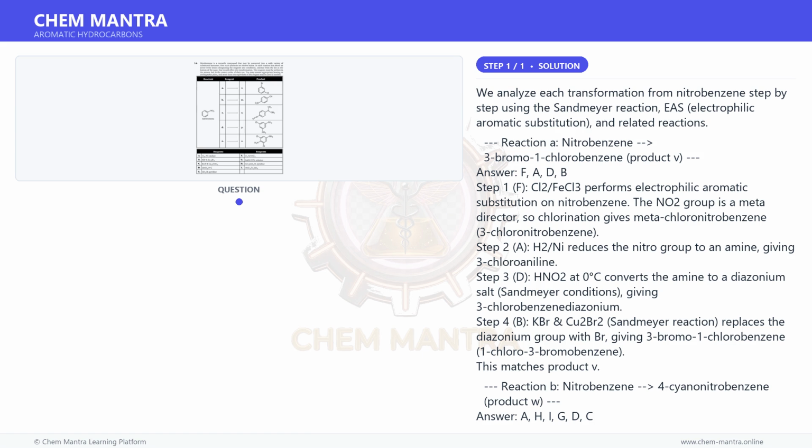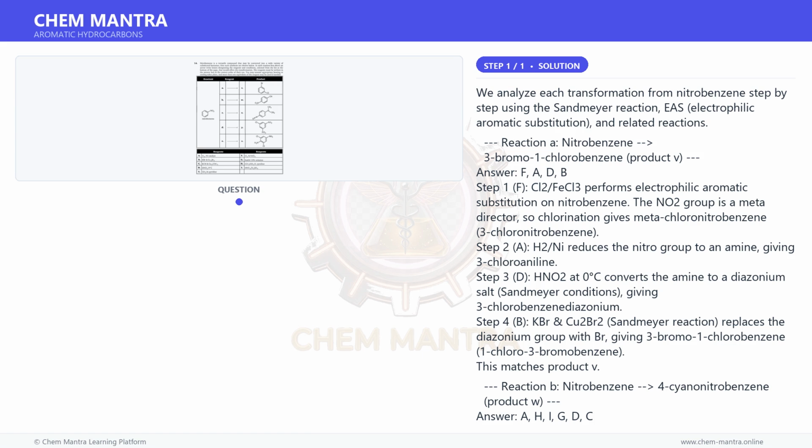For N,N-dimethylaniline, a tertiary amine, the diazonium cannot form at nitrogen. Instead, HNO2, nitrous acid, performs electrophilic aromatic nitrosation at the para position, since NMe2 is a strong para-director, giving 4-nitroso-N,N-dimethylaniline, with the N=O group at the para position.